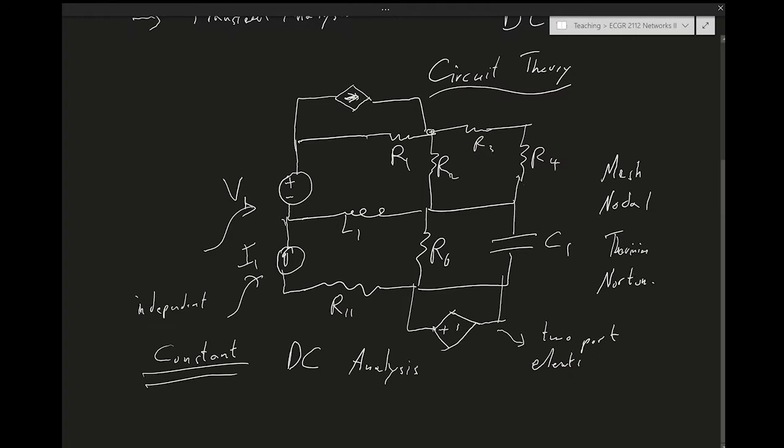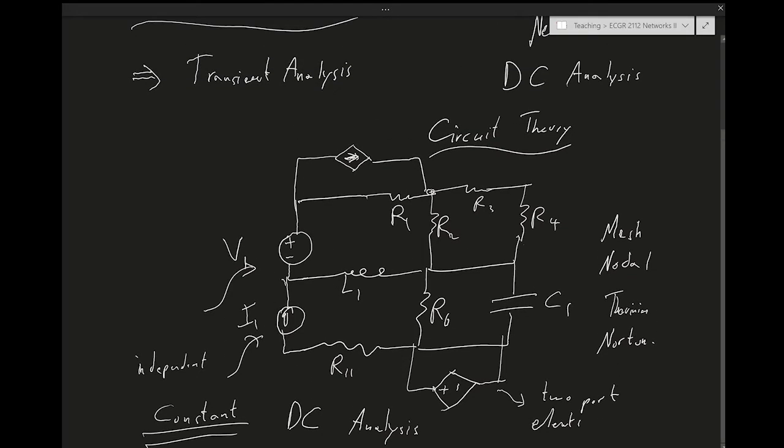So there's a lot that you covered in Circuits 1 and Networks 1, but all of that was constrained to the domain where the forcing functions, or the sources of the circuit, were constant. They were not time varying.